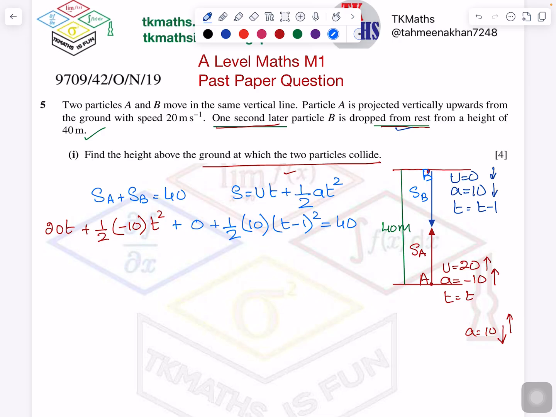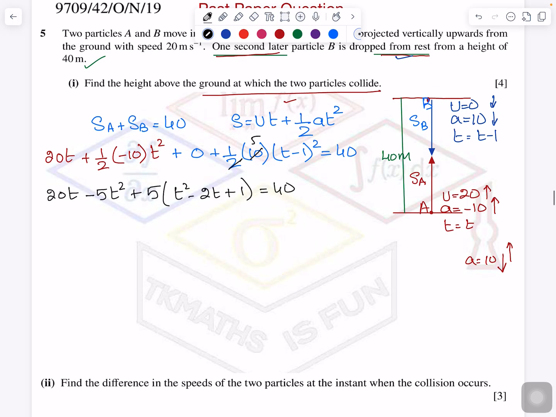So now let's solve this. It will be 20t minus 5t squared plus, now this is 5, and we will open it, (t minus 1) whole squared, t squared minus 2t plus 1, equals 40. If I make any calculation mistake, you can write in the comments.